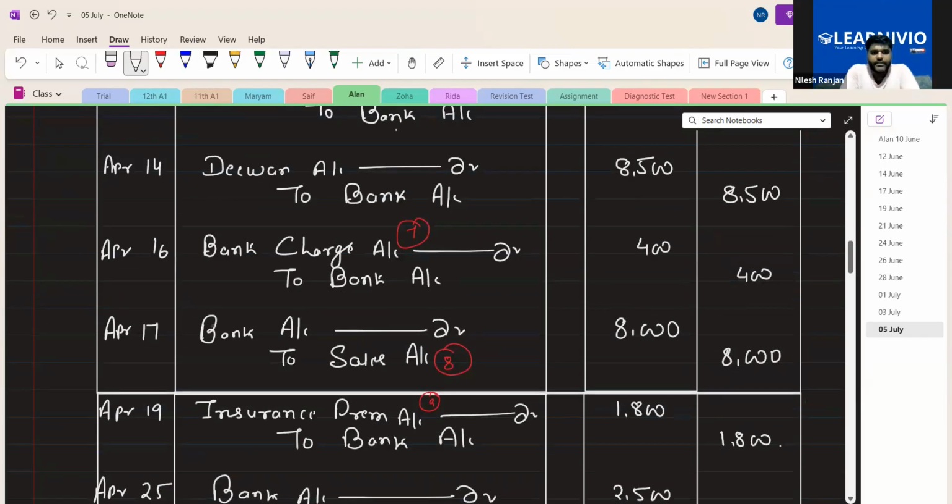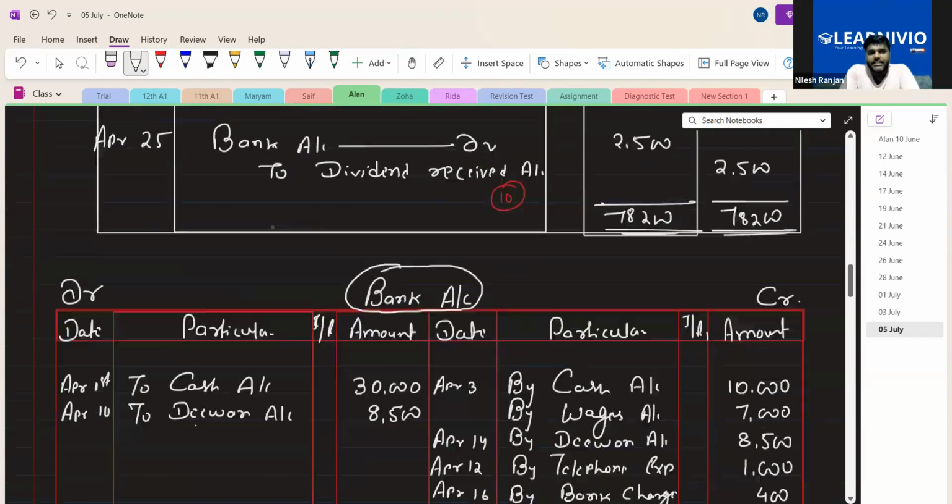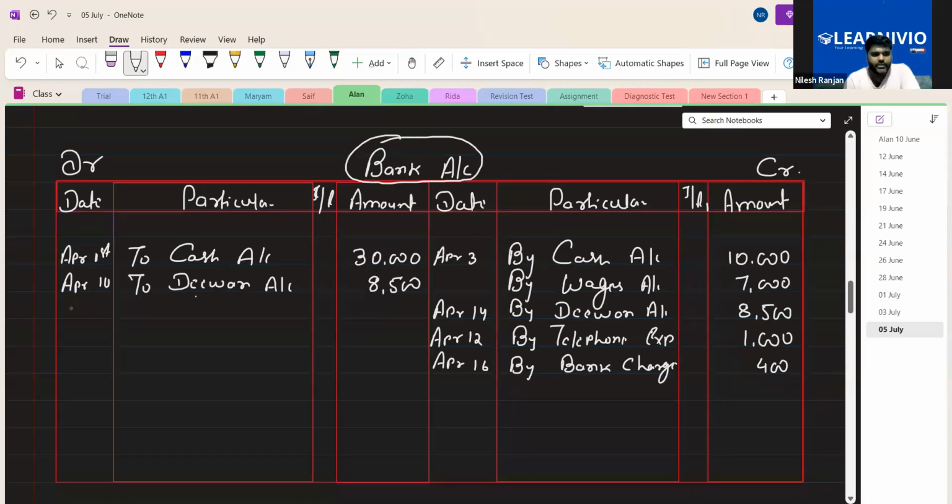April 17, bank account debit to sales. April 17 to sales account, 8,000.